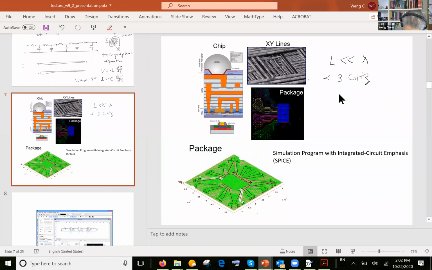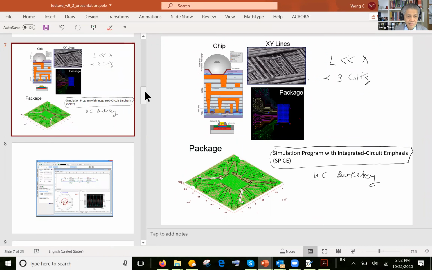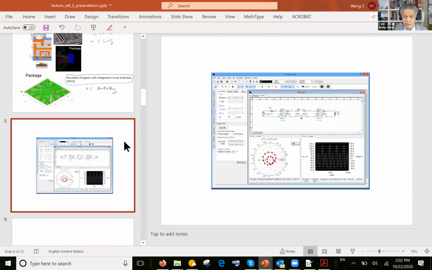There is a very famous program called the SPICE program, which stands for Simulation Program with Integrated Circuit Emphasis. This was developed at UC Berkeley, and it's very useful in the microchip industry. But we are going beyond circuit theory now. You have learned about things like Smith charts and so on.